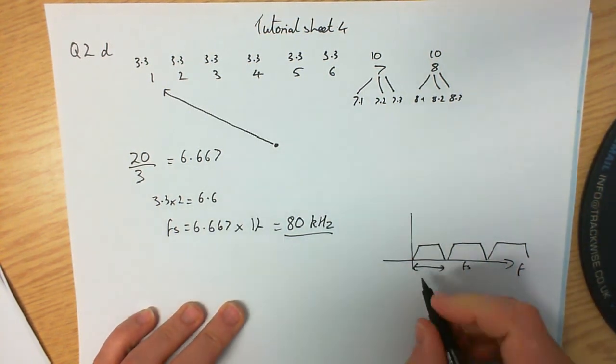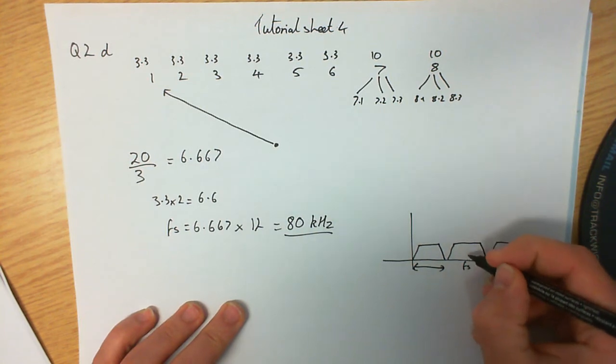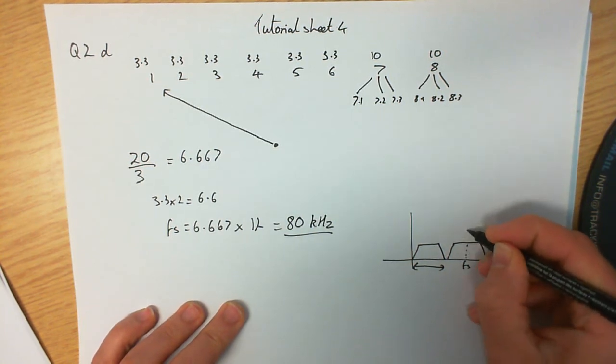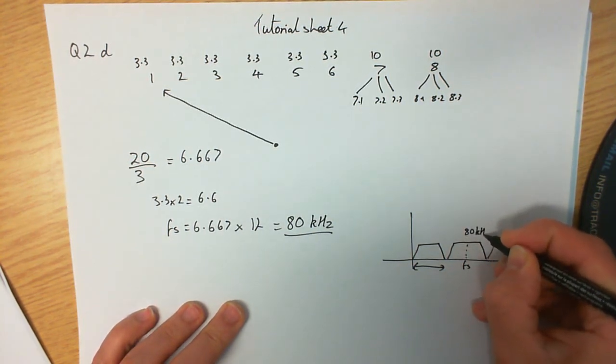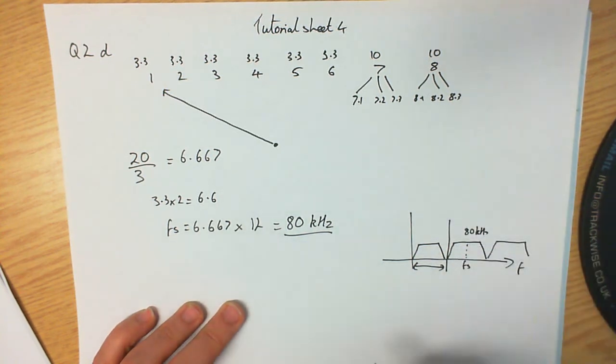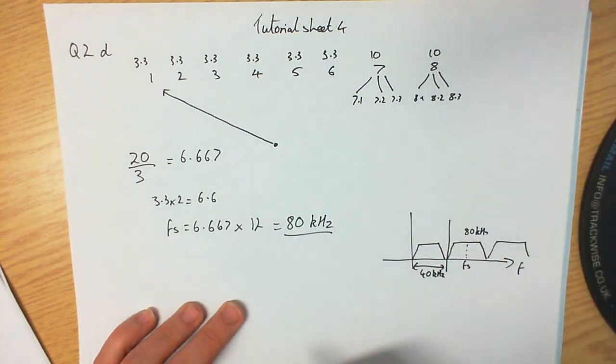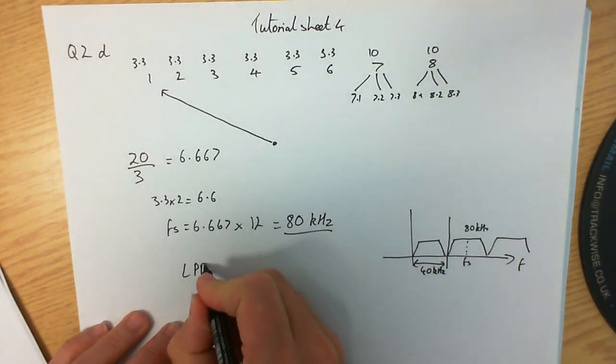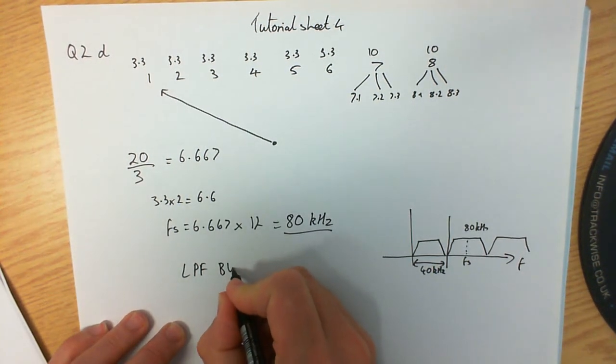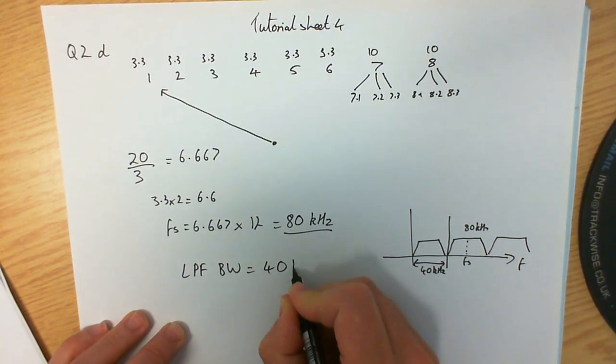So that's the bandwidth of the signal. So as we know that is going to be 80 kilohertz there, our low pass filter is going to be at 40 kilohertz. So our low pass filter bandwidth is equal to 40 kilohertz.